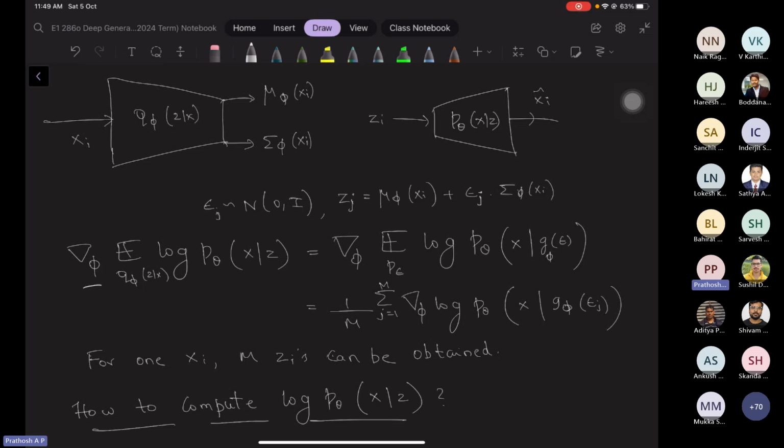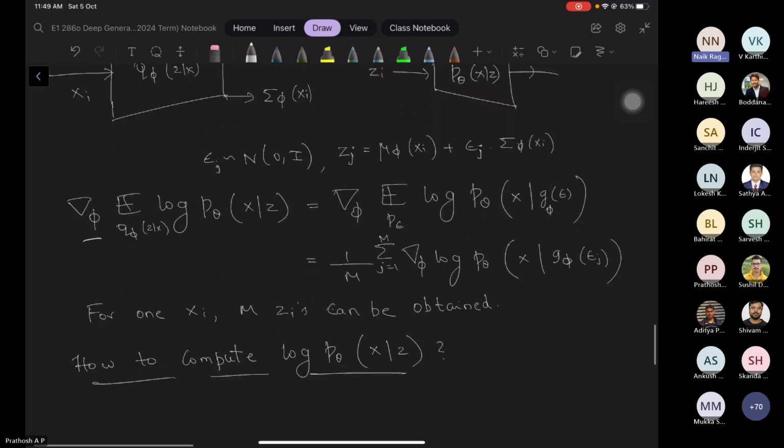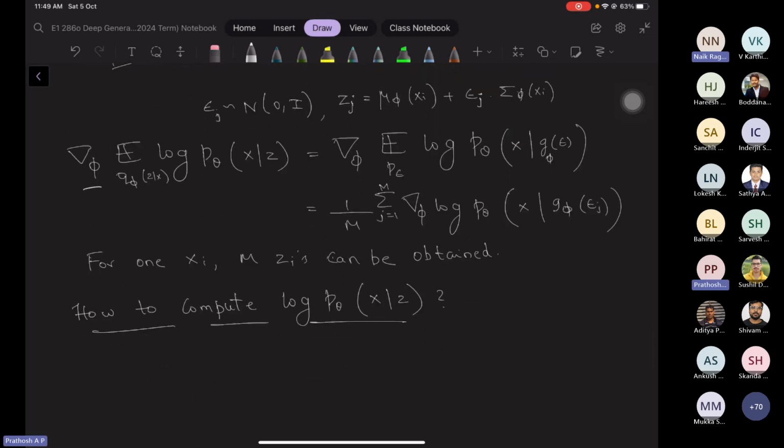But it's not hard and fast. You can make your m a hyperparameter and play with it. Yeah, because in this equation it is an expectation, so we are free to choose the value of m here, right? Correct. And a single sample estimate is not always a good way to do it. Okay, thanks.